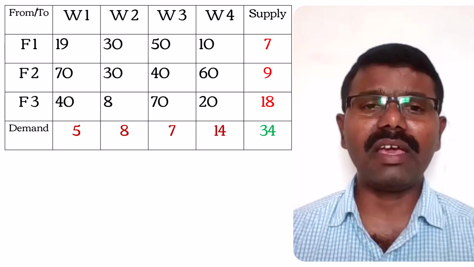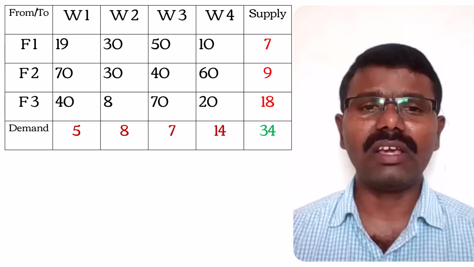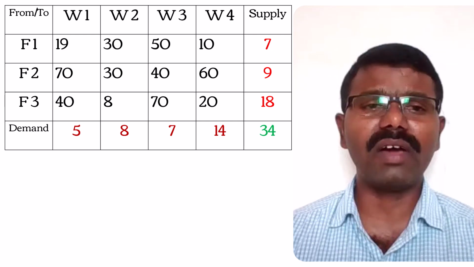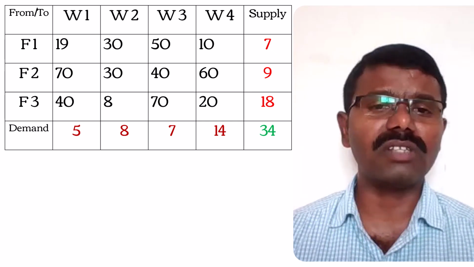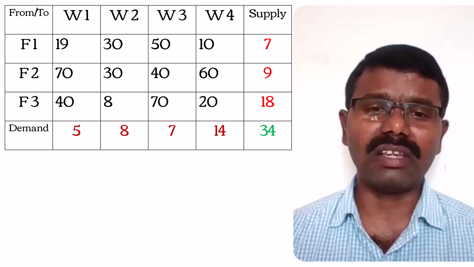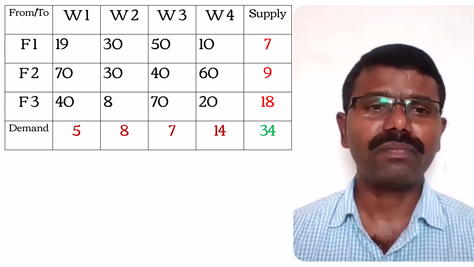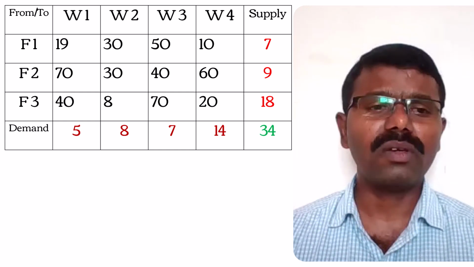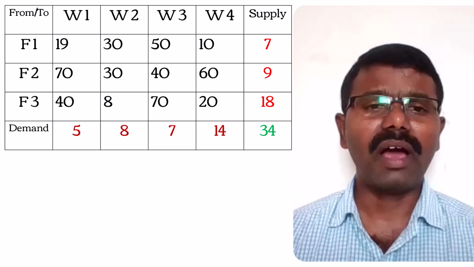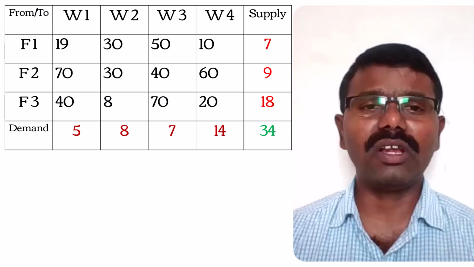And supply at each factory, let us say supply available at factory 1 is 7, supply available at factory 2 is 9, supply available at factory 3 is 18. So total 34. In the same manner, demand at warehouse 1 is 5, warehouse 2 is 8, warehouse 3 is 7, and warehouse 4 is 14.